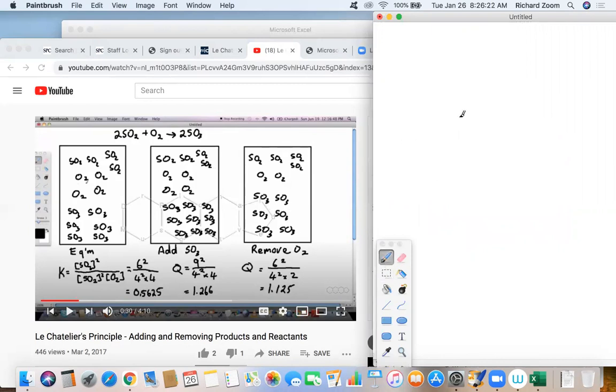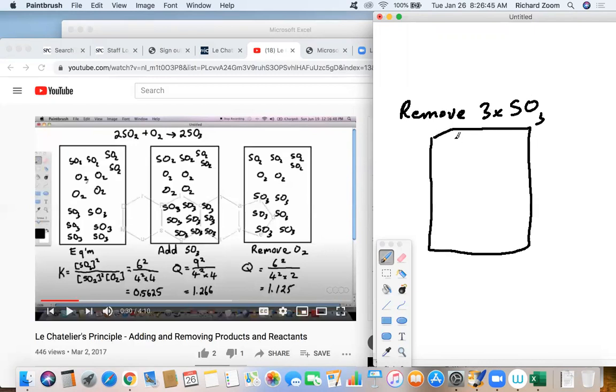So Lonnie was asking about taking away SO3 instead of adding it. So let's pretend we take away 3 SO3s. If I do that, we'll still have 4 SO2s, and we'll have 4 O2s, and now we'll have only 3 SO3s.